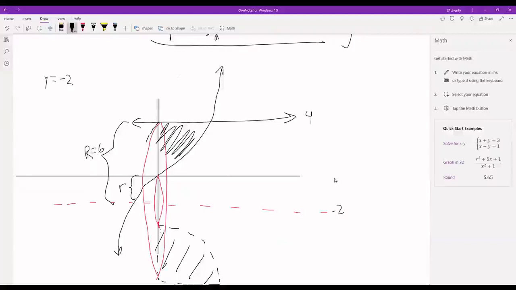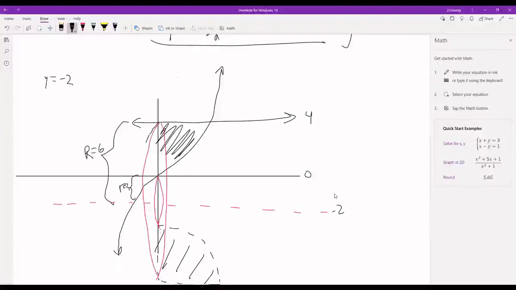And then small r is just 0 minus -2, which is 2. So that's just for this circle.